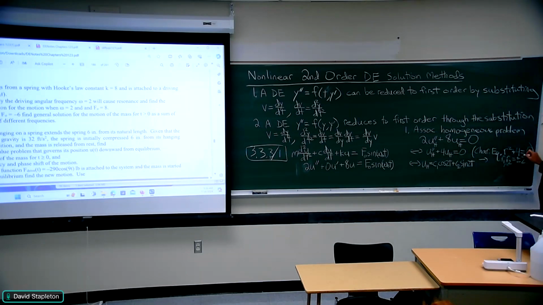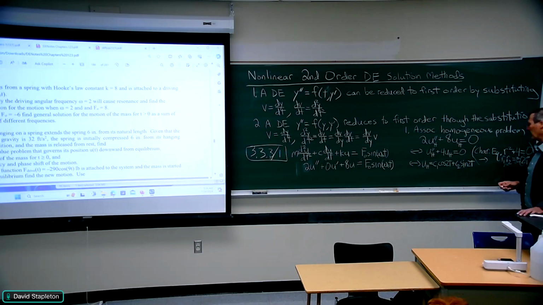The 2 coming from here. Independent solutions are e to the 0, if you think of this as 0 plus or minus 2i, times cosine 2t and e to the 0 times sine 2t, which is just cosine 2t and sine 2t for these pure imaginary solutions to the characteristic equation. So we have this solution to the homogeneous problem.